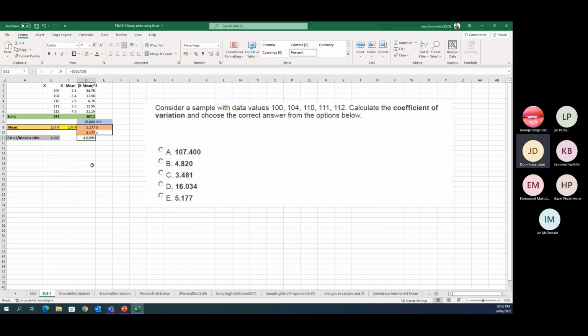Okay, if you did not do it via Excel, what you then need to do is like we did up here: you first need to work out your mean. Then you need to work out your x minus mean to the power of 2, so that you can get the sum of all the squares, so that you can work out your standard deviation.